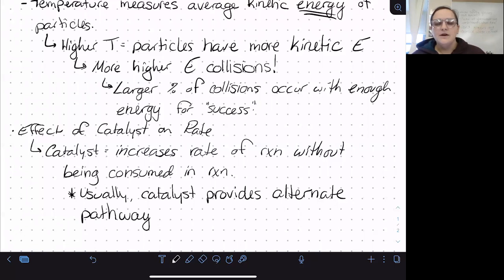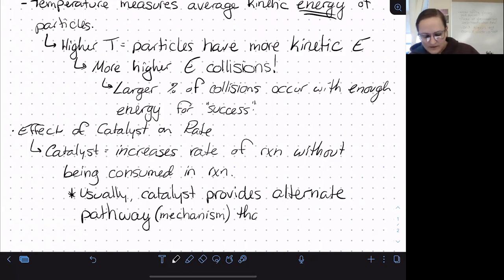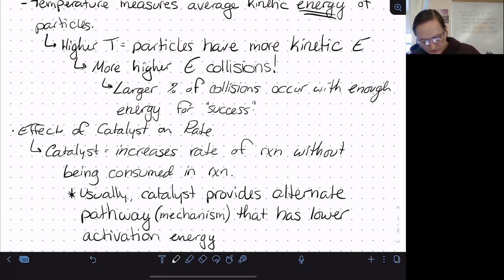So sometimes the catalyst provides a completely different pathway, also known as a completely different mechanism, that has a lower activation energy, commonly abbreviated EA.